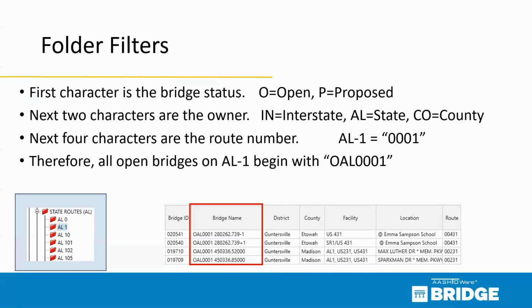The next four characters after that are the route number. So if it was IN for interstate, then it would have the interstate number after that. For all open bridges on Alabama 1, it would start with OAL0001, which makes it really easy for us to filter bridges into individual folders.